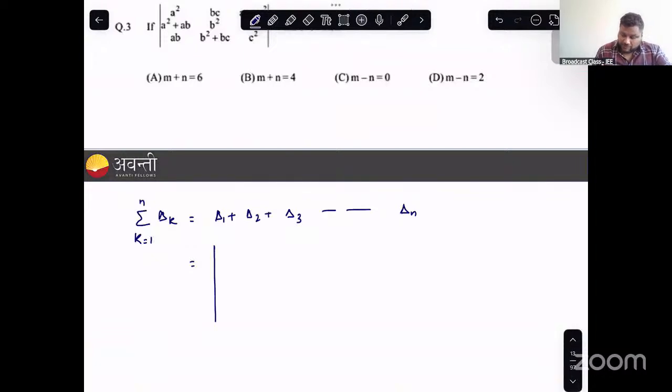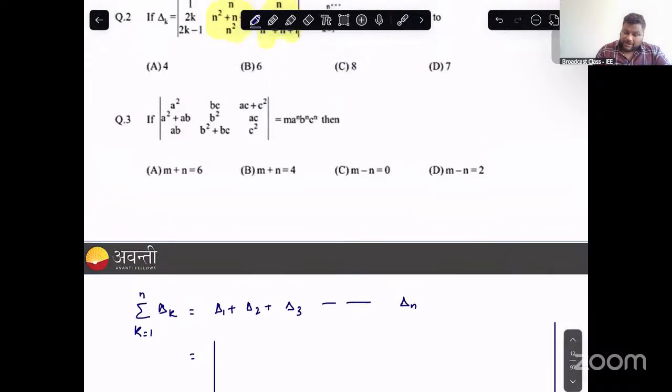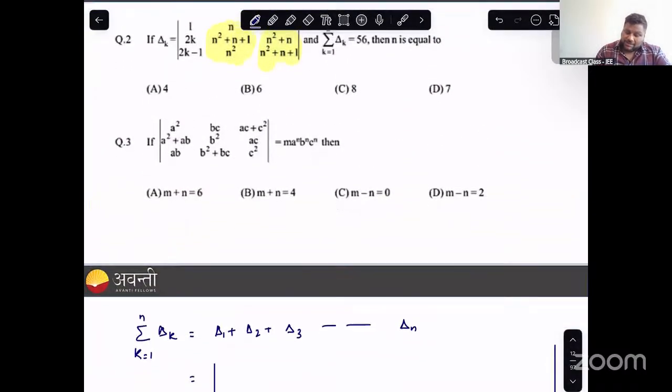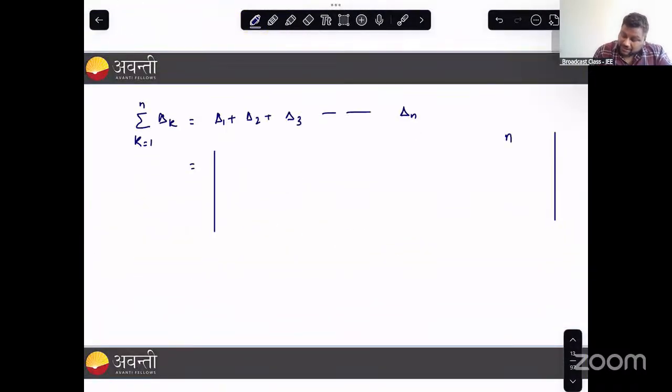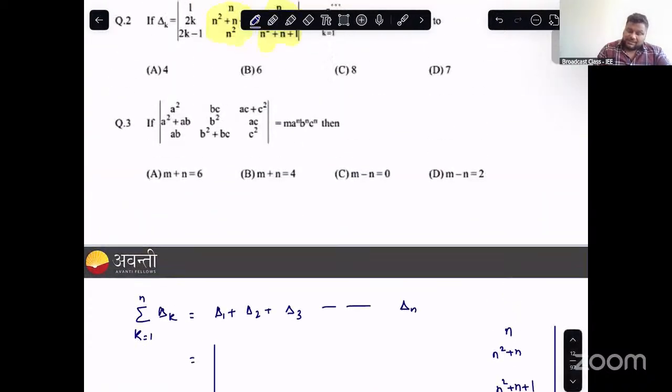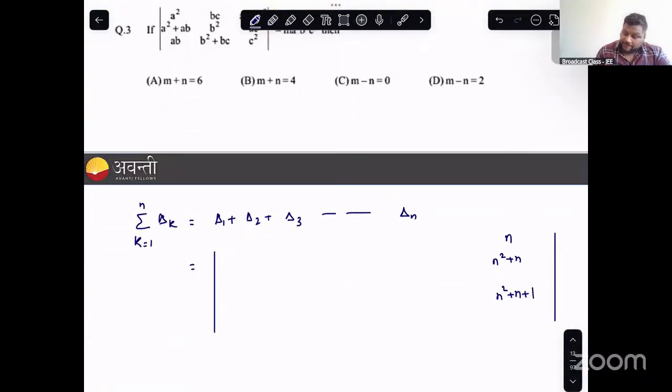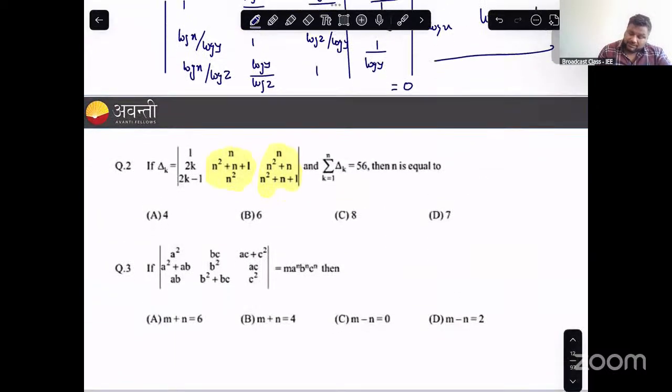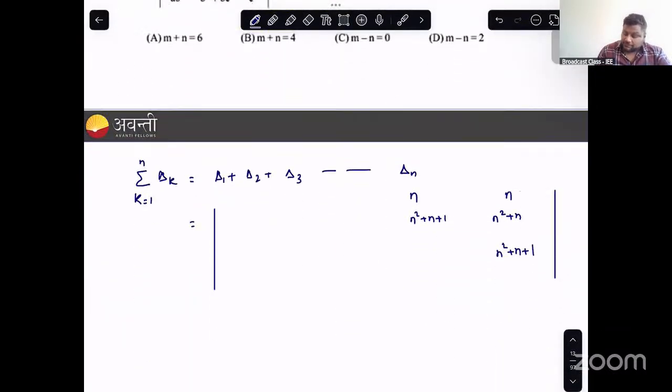So, this will be what? In the summation, third row as it is, n square plus n square plus n plus 1, n square plus n and n square plus n plus 1. Then second row as it is, n square plus n plus 1 and n square. And first row will be 1 plus 1 plus 1 and so on, 1 n times.